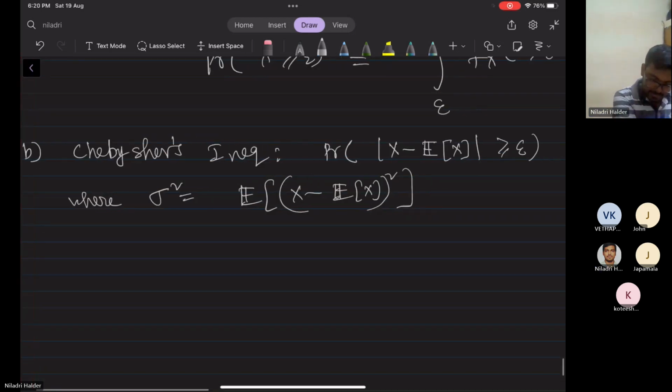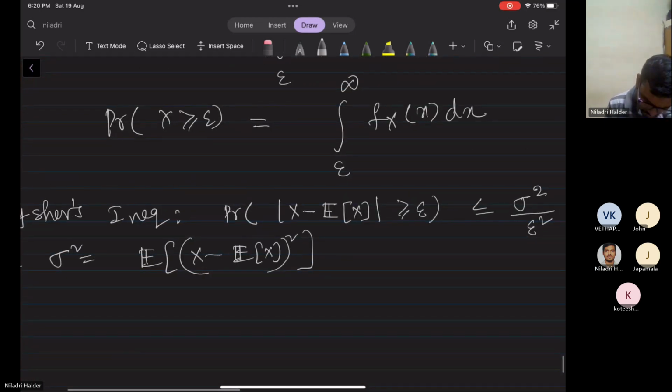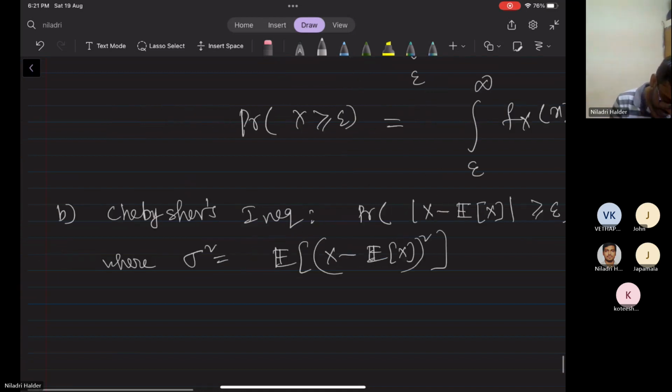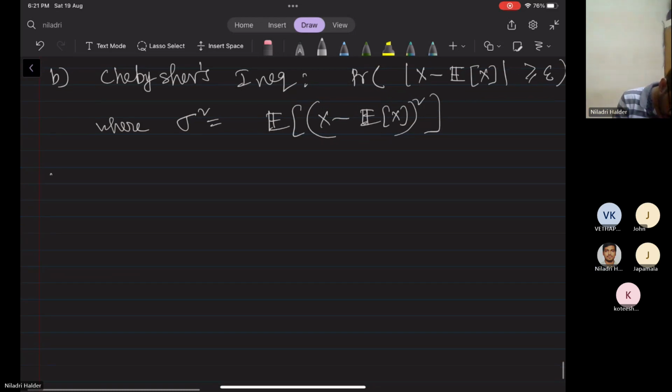It is a corollary of Markov's inequality.